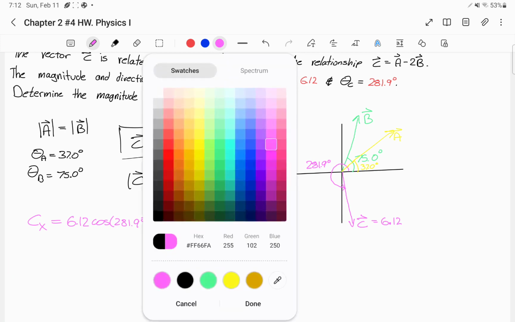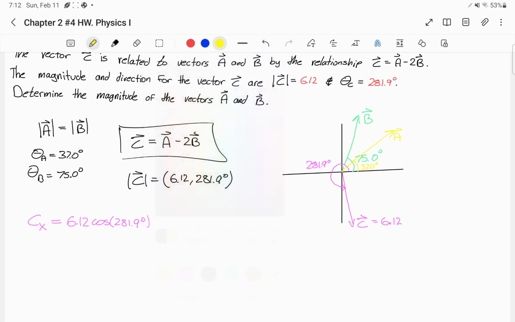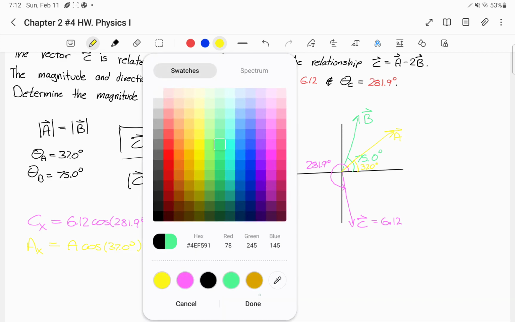We do the same thing for our A vector. A sub x: we don't know the magnitude, so we're going to let the magnitude just be A, and the angle is cosine of 37.0 degrees.